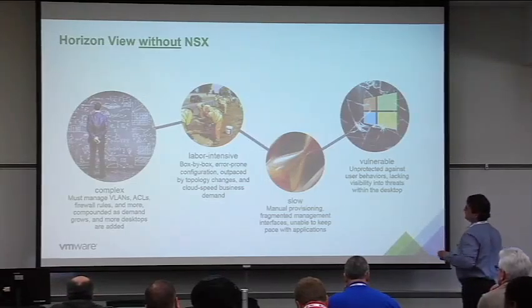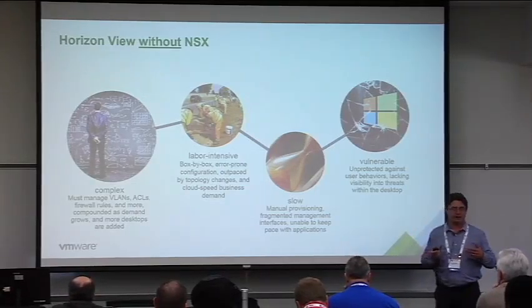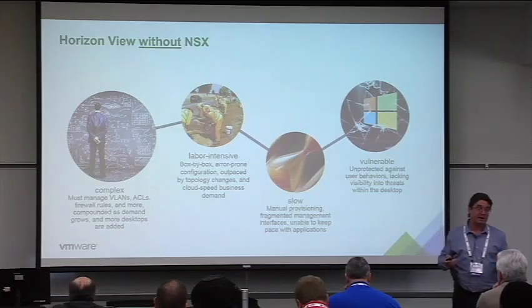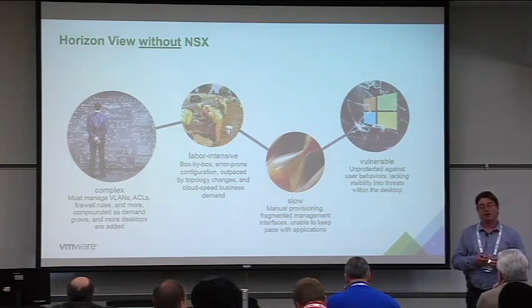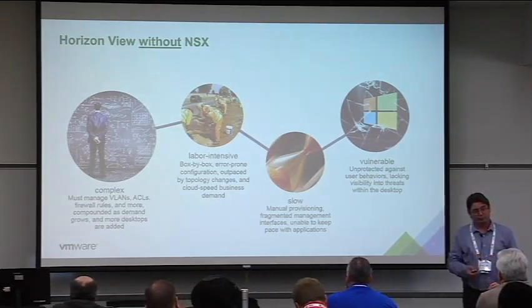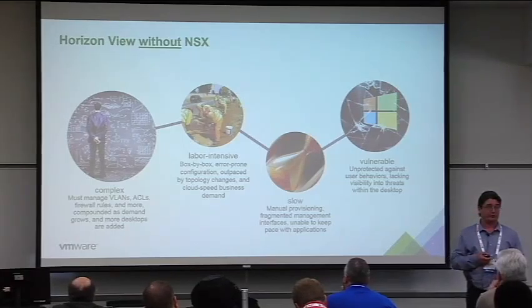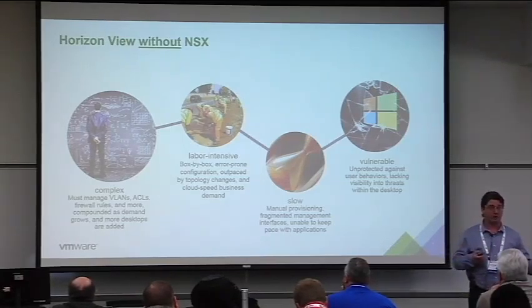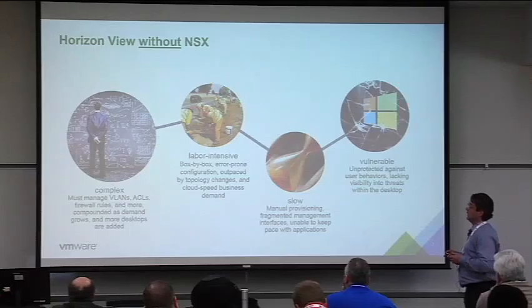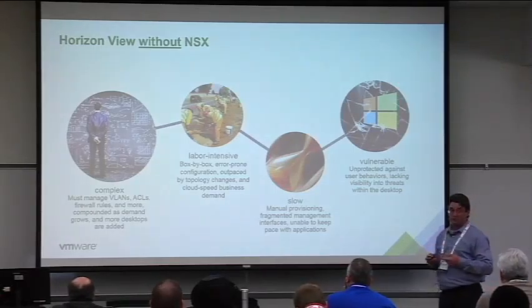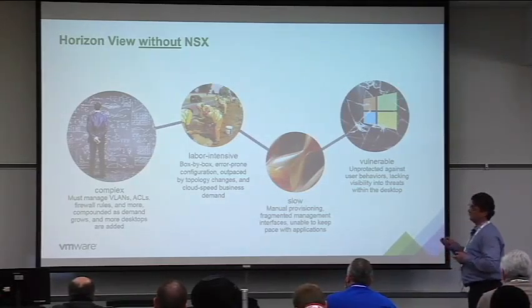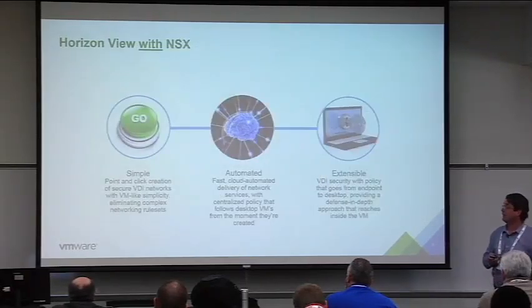So without NSX, there's a whole bunch of things that you can use to describe your VDI environment, right? It can be more difficult to provision new or to scale out because you've got to worry about provisioning new networks. It certainly can be more complicated when you need to troubleshoot. Vulnerabilities I already kind of beat to death.